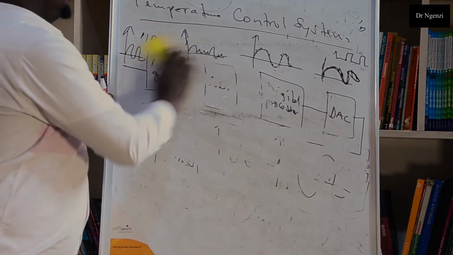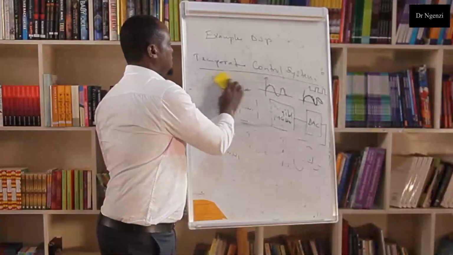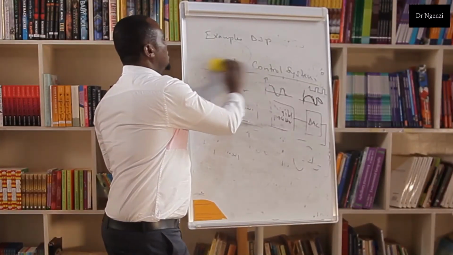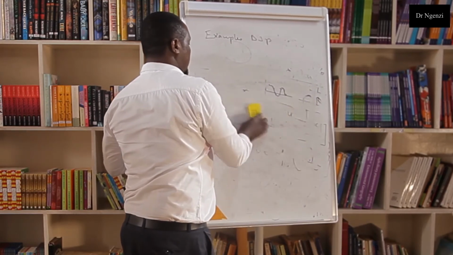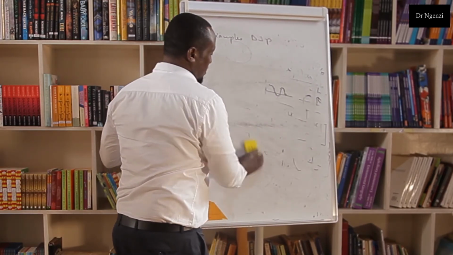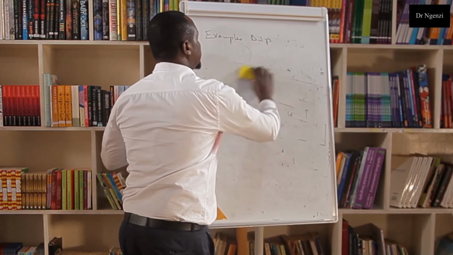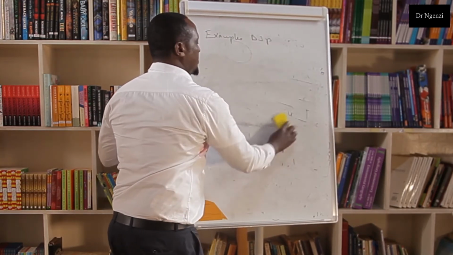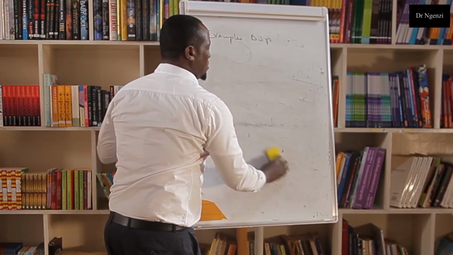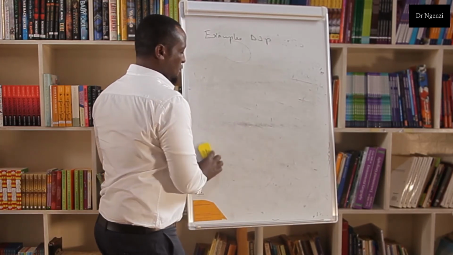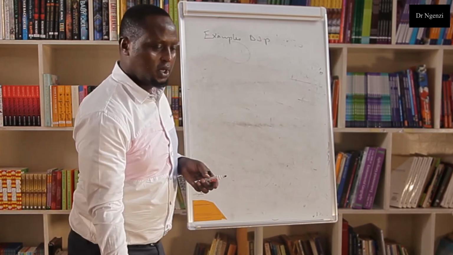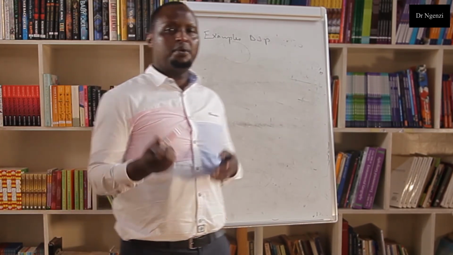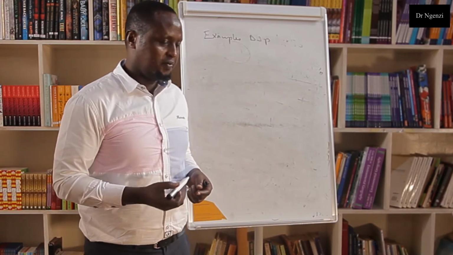So let me just explain the functions. I hope you have understood the diagram and what it means. The reason we are explaining this diagram is to know the importance of each and every block of DSP.